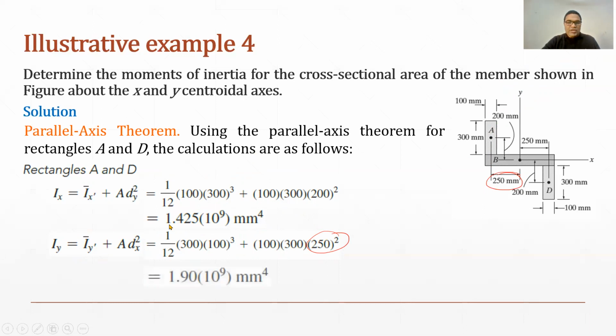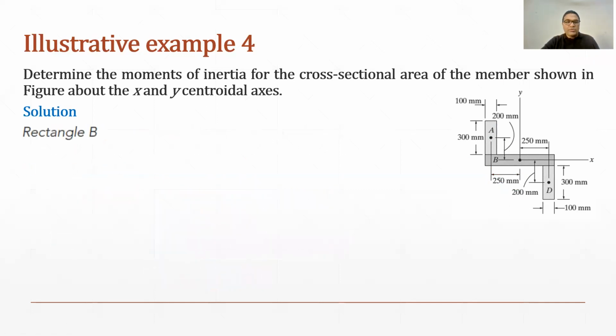Calculating this, we get the moment of inertia for one rectangle, either rectangle A or D. The values of moment of inertia about the x-axis and y-axis are shown here. Similarly, we can find the moment of inertia for B also.